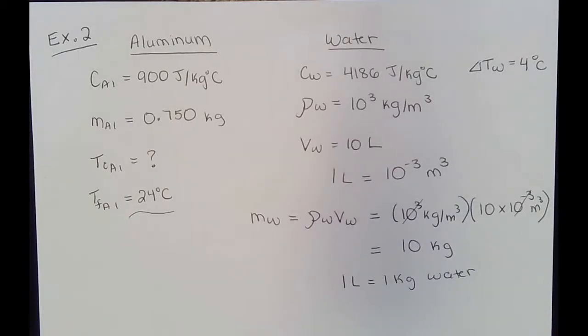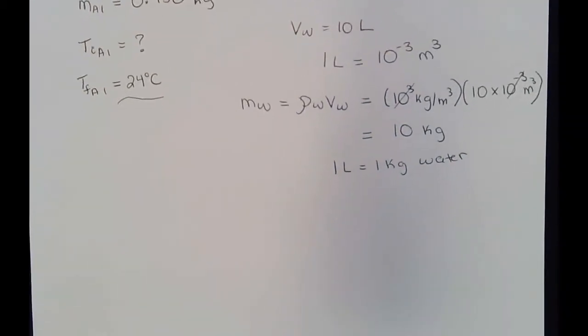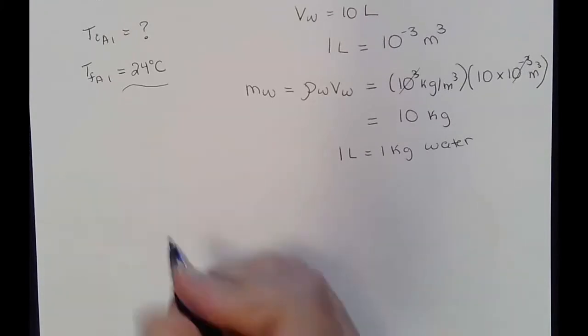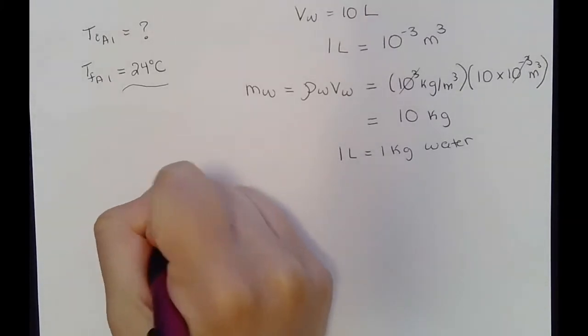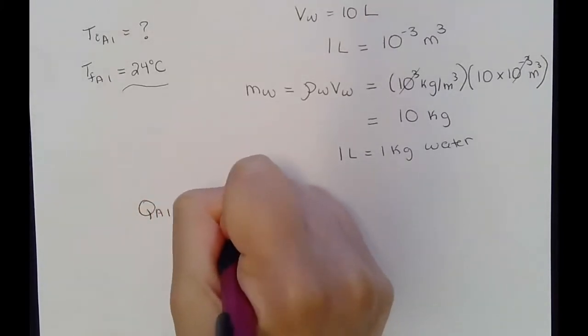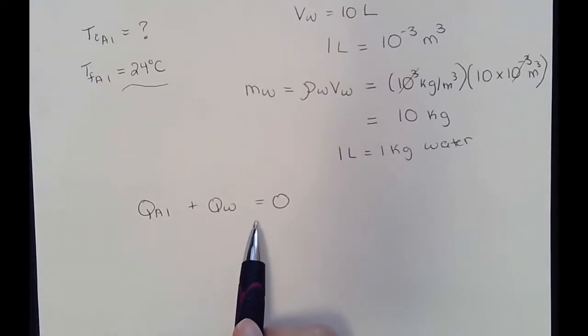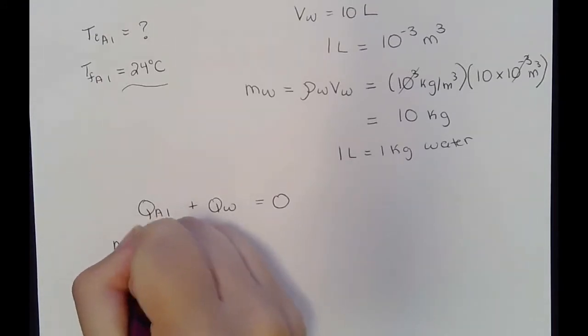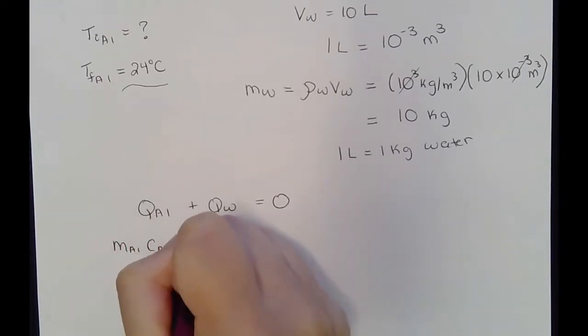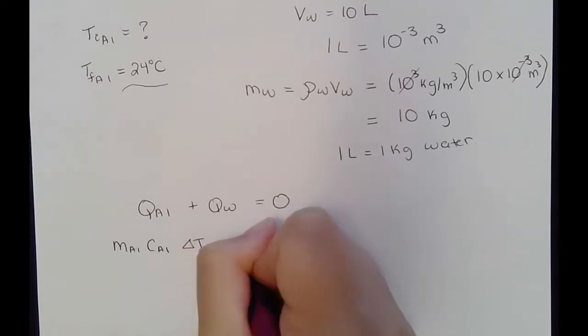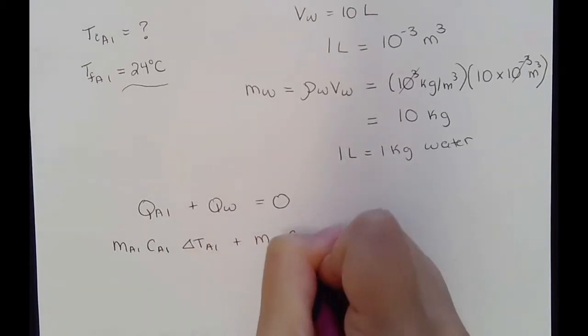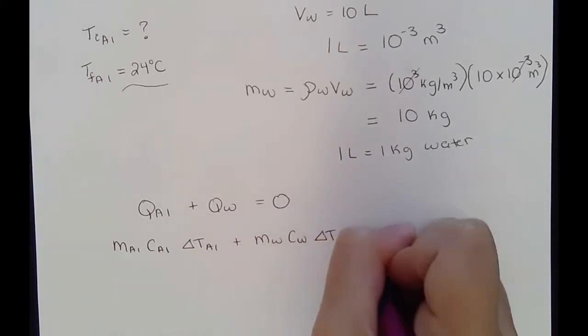But okay, let's look at our calorimetry equation. We need a Q value for each substance. We have Q for aluminum plus Q for water equals 0. We know the aluminum will lose energy and the water will gain energy so that this balances to 0. So M aluminum, C aluminum, delta T aluminum plus M water, C water, delta T water equals 0.